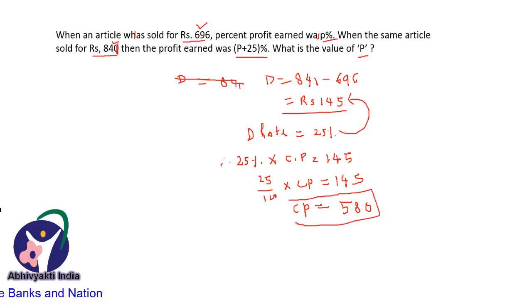So the cost price is 580 and profit is equal to selling price minus cost price.